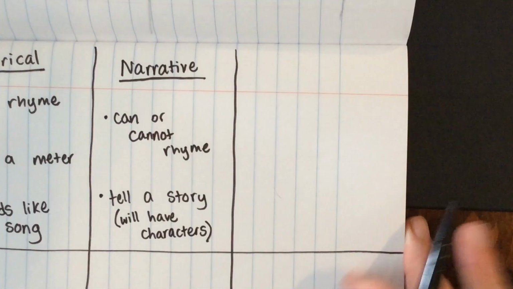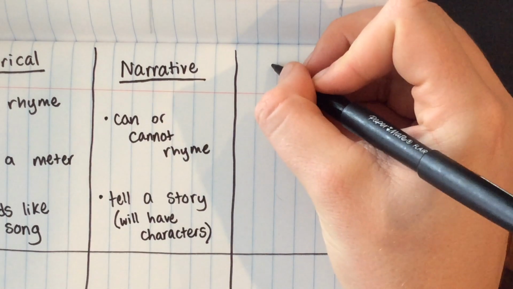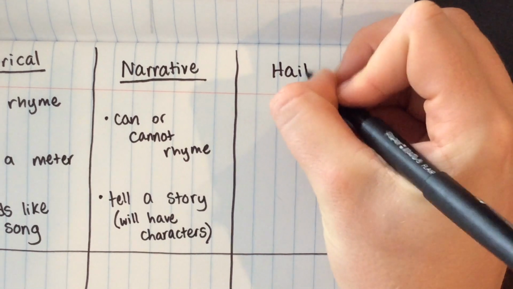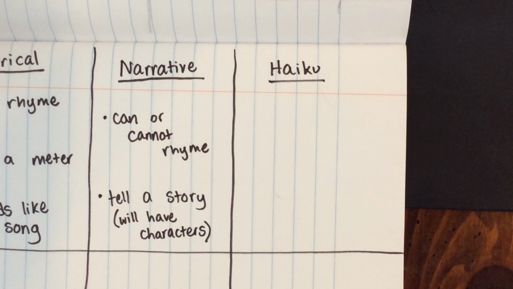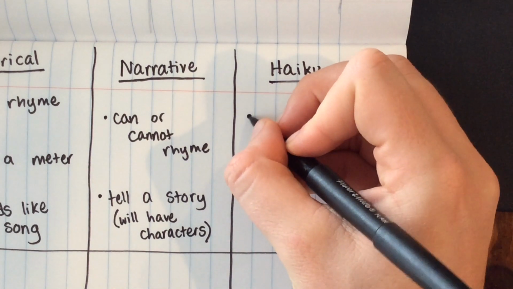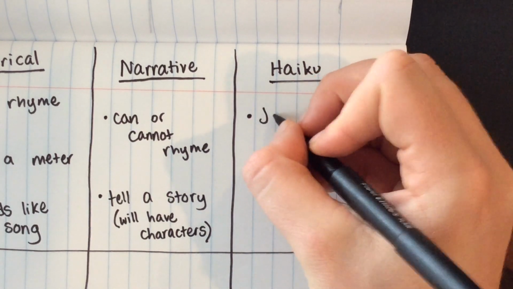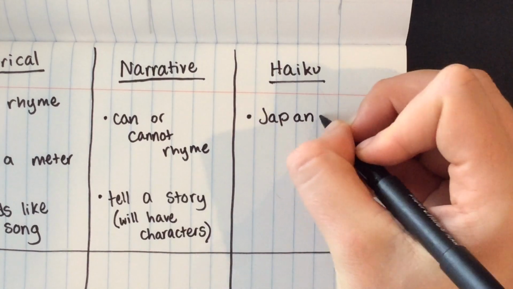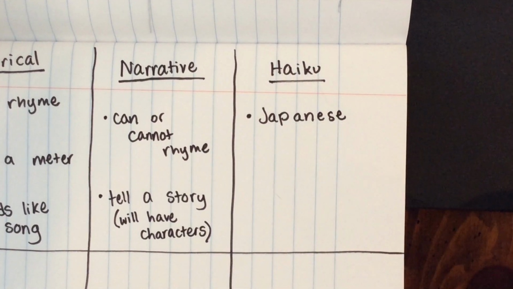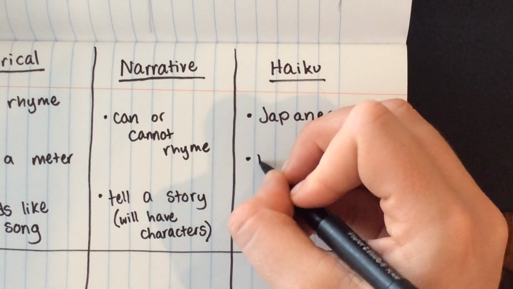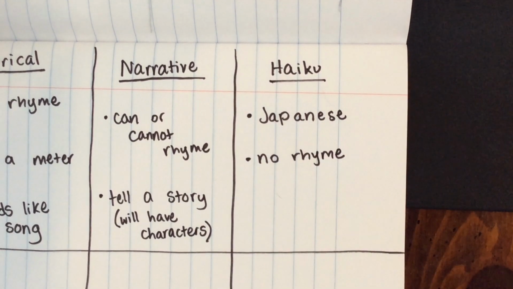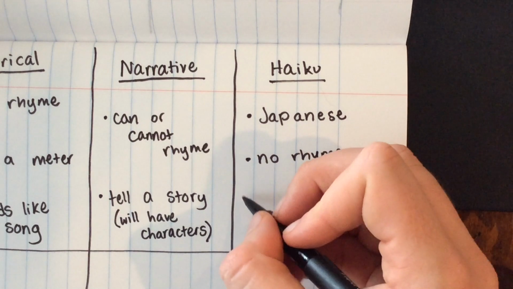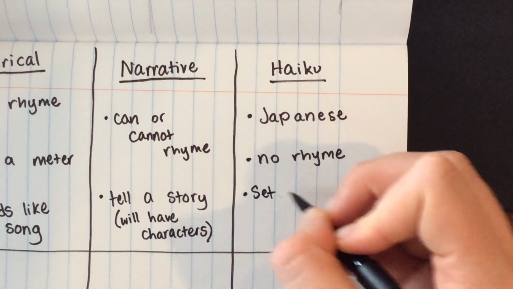All right, and the last really big important poem that a fourth grader needs to know about is called a haiku poem. Haiku. Now, a haiku poem, these are Japanese poems. There's no rhyme in these poems. And it has a set pattern.